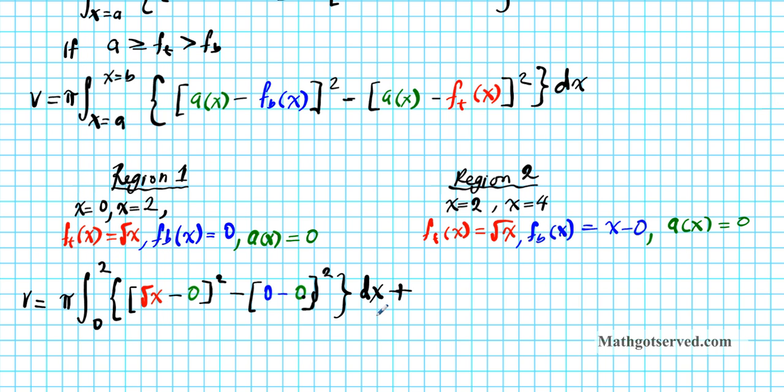So for the second region, same story, plus pi times the integral from a to b, which is from 2 to 4, of squiggly bracket, the function on the top is still the same function with x minus the axis of rotation, I'm sorry, minus the axis of rotation, which is 0.